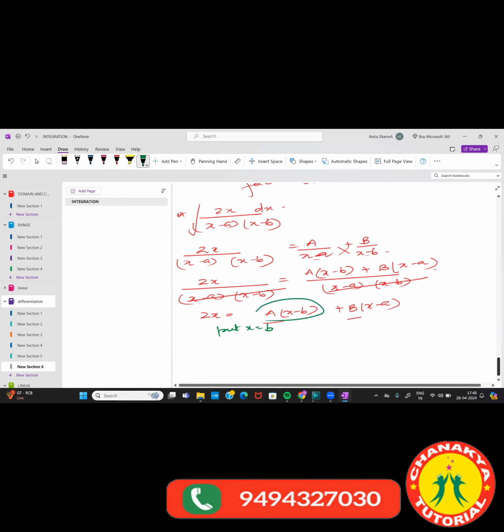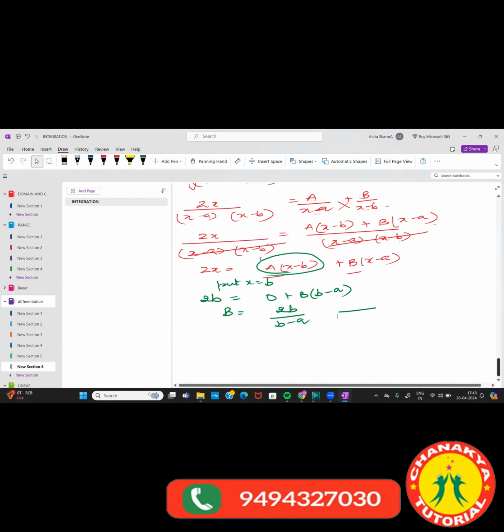Because it will make this term 0 when you are putting b instead of x. So it will be 2b is equal to 0 plus B into (b − a). Then the value of capital B will be 2b upon b − a.